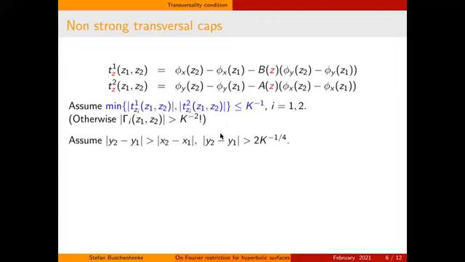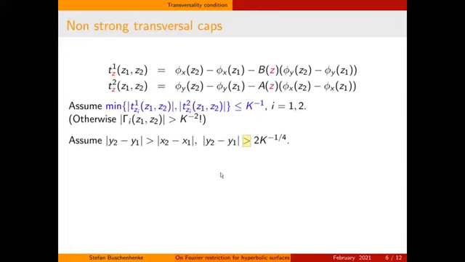Okay, and let me make some additional assumptions here. Without loss of generality, let's say we assume y2 minus y1 is bigger than, or it could also be equal to, x2 minus x1. And then I can also assume that y2 minus y1 is not too small, say bigger than k to the minus a quarter, because again, if the converse were true, that means both the x difference and the y difference are small.